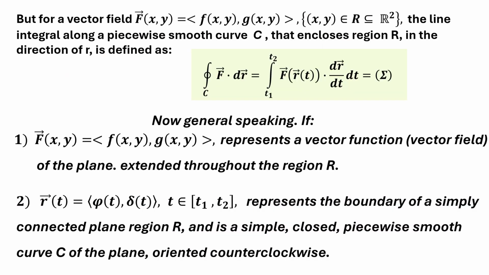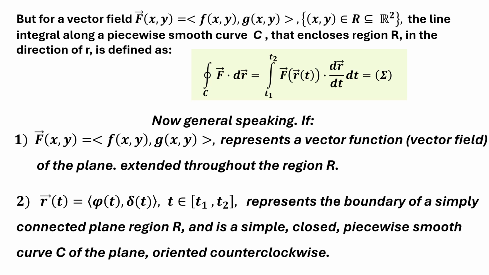But from the definition of a line integral of a vector field F along a piecewise smooth curve C that encloses region R, in the direction of parameterization r of curve C, is defined as, and below we can see the definition, which goes like that.